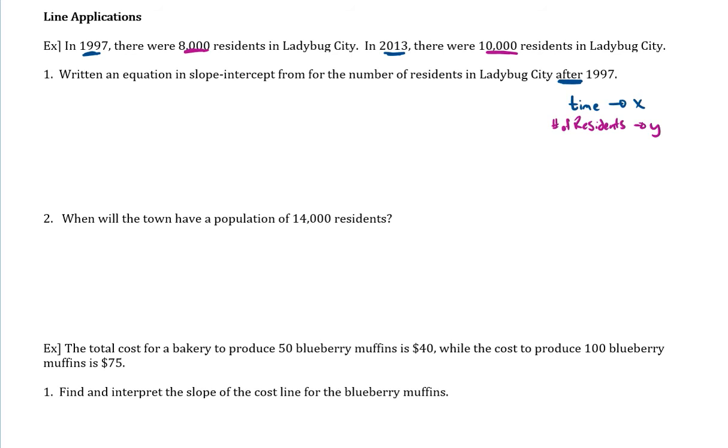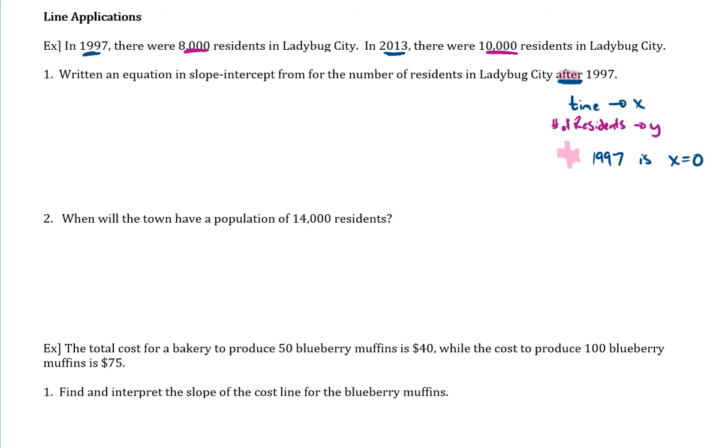Okay, so the after part, let's actually highlight that. And I'll just do a big pink star there. Whenever they say after whatever date, they're trying to state that that year is when your x value should be 0. So instead of using time as 1997, you could do that, but this is usually easier to work with.